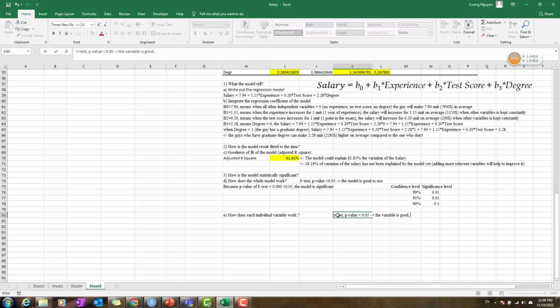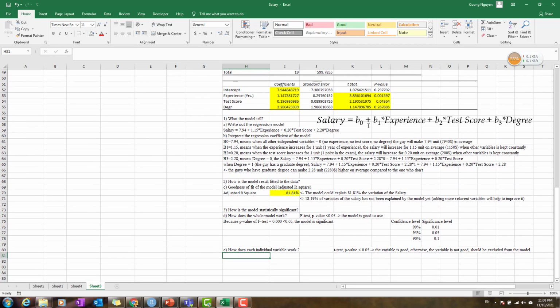Otherwise the variable is not good and should be excluded from the model.